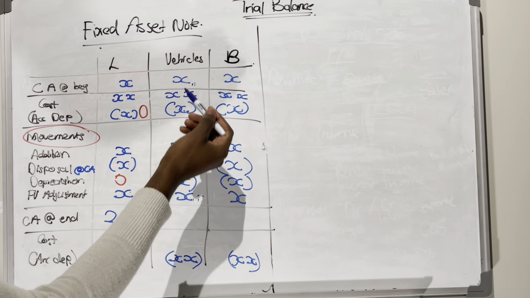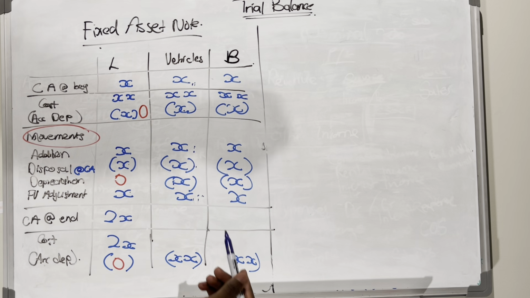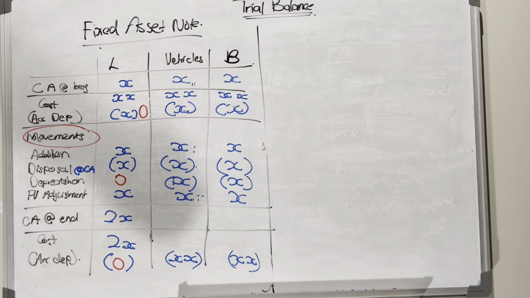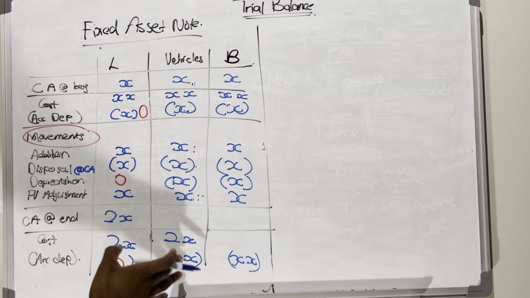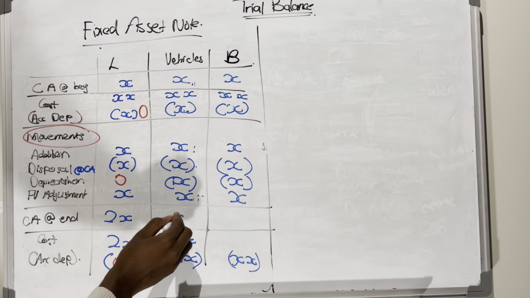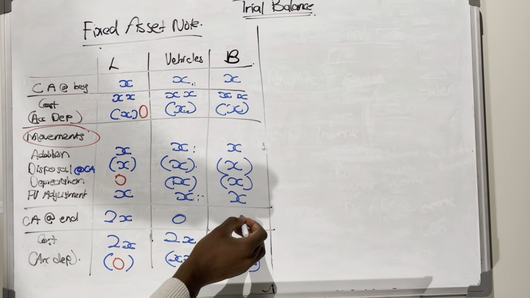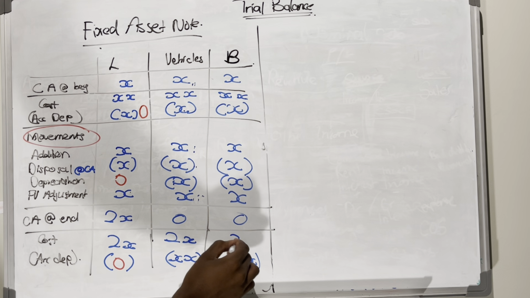So it'll be x plus x minus x, so it's 2x minus x, that's x, and plus x, that's 2x. So in essence, we have 2x minus 2x and it gives us 0 there. And even here, it's still going to be the same, 2x.